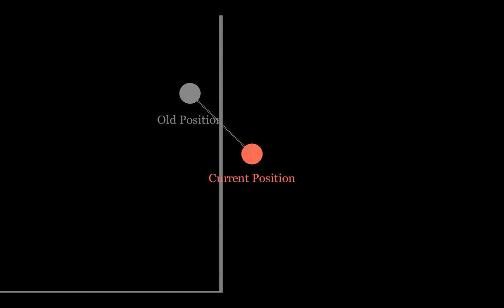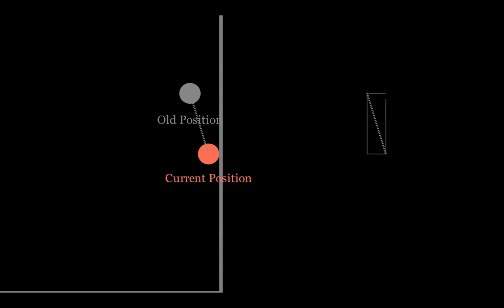So we need to modify that old position somehow. What we'll do, first of all, is move the current position to be within the bounds of the screen. So let's say the X position of a point is somewhat greater than 1280. So we will set it back to 1280. Well, we have our current position sorted out, but we still have our old position to fix. Well, we also have access to the difference between the 2 points, or the velocity as we said in the code, yes?